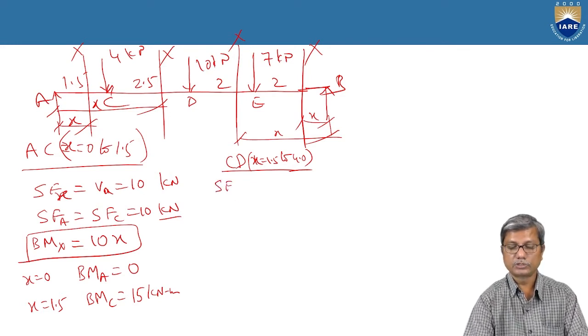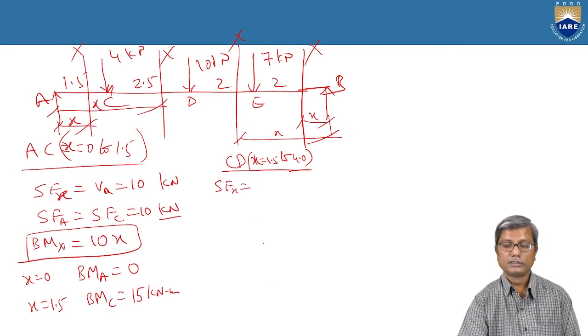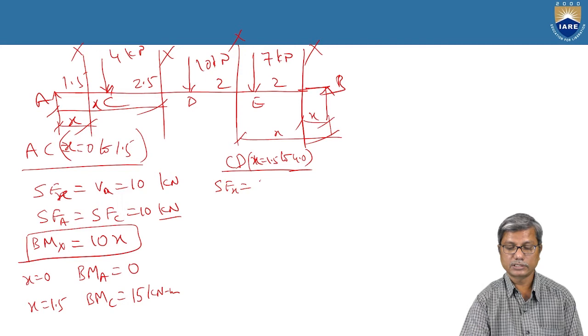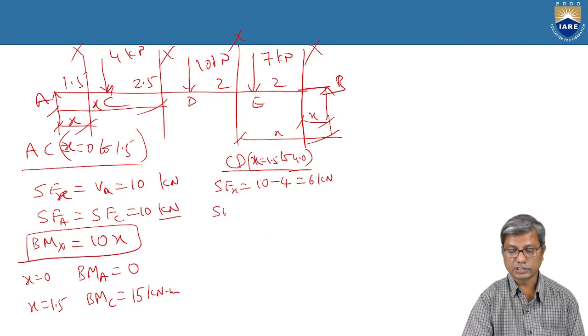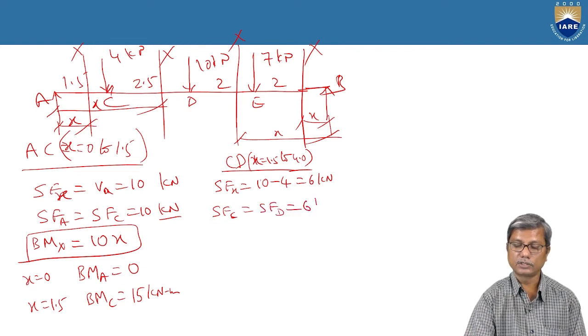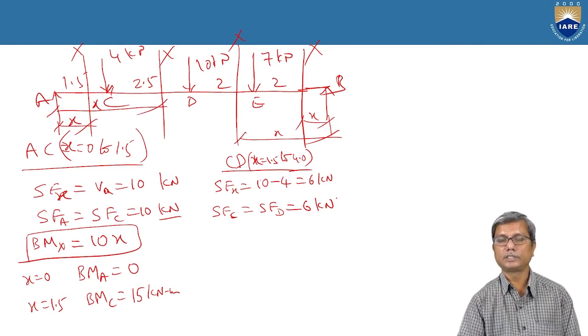Understand? So what is the shear force at x? Shear force at x is 10 minus 4, that is 6 kilonewtons, and this remains constant between C and D. Shear force at C and shear force at D are equal to 6 kilonewtons. It is constant.